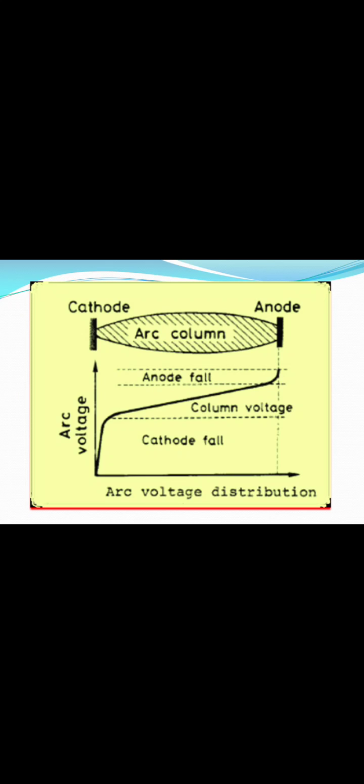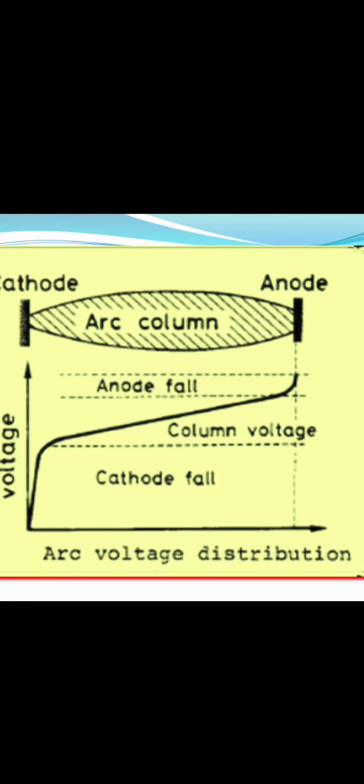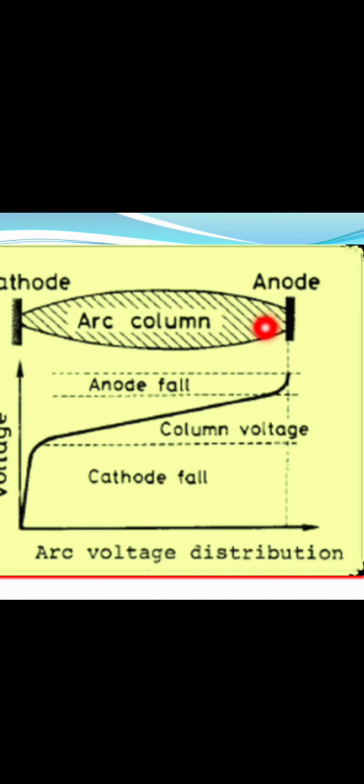And this is the arc column. The arc column is nothing but the region in between, so this is the anode and this is the cathode. So in between the anode and the cathode, these columns are called the arc column. In this column, the helium gas is filled, while the potential difference is applied between the two graphite rods or two electrodes.